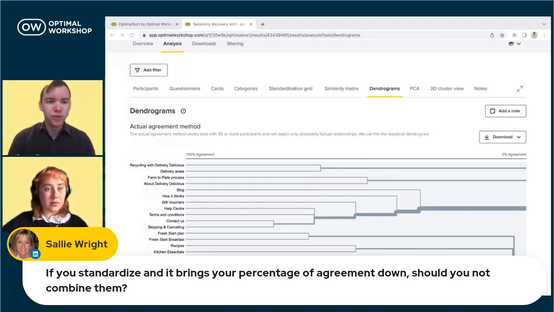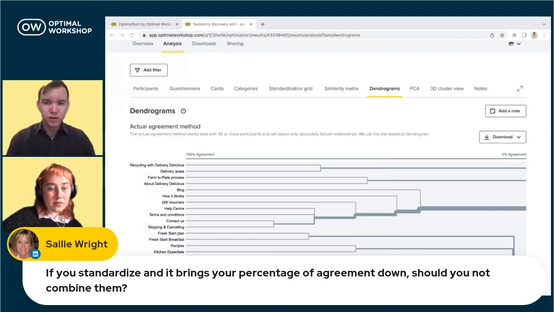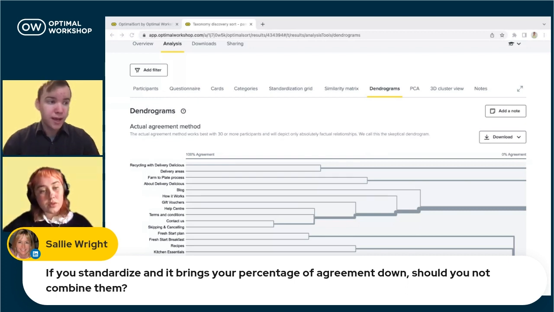Really, it's up to you. If you feel that categorization could be deemed as alike in terms of the way that people have grouped it, then that can definitely be standardized together.